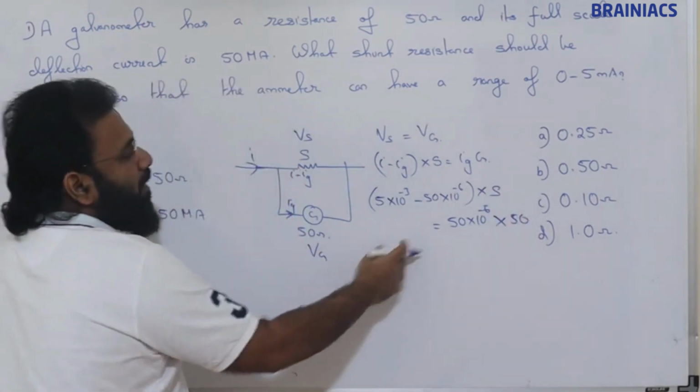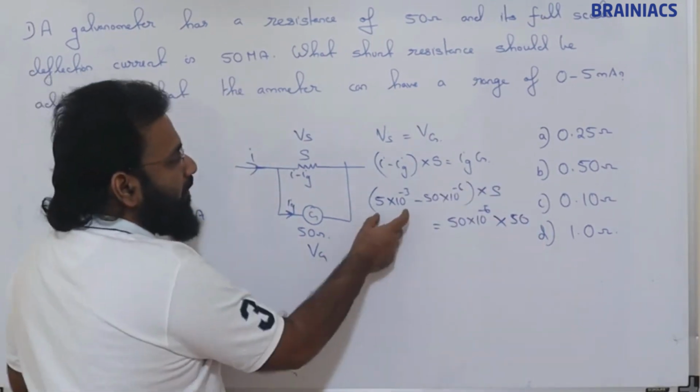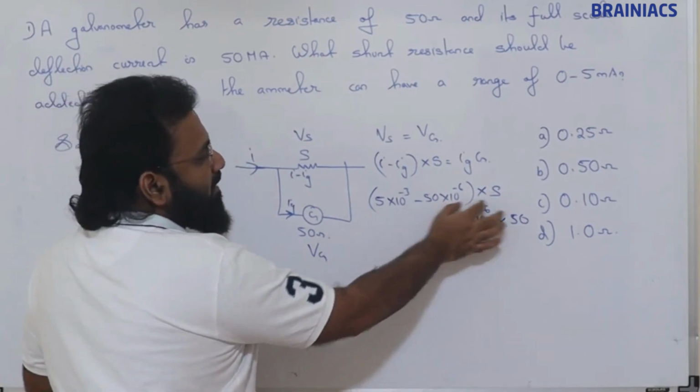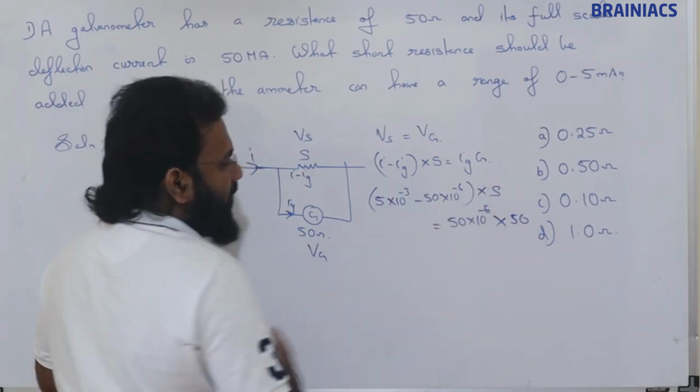If we solve this, we will get the answer. So (5 into 10 raised to minus 3 minus 50 into 10 raised to minus 6) into S is equal to 50 into 10 raised to minus 6 into 50.